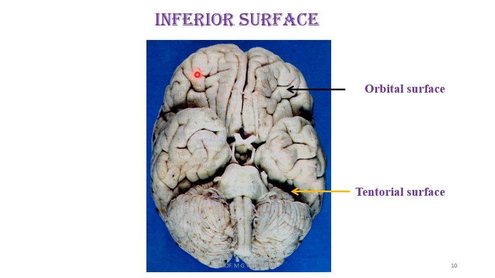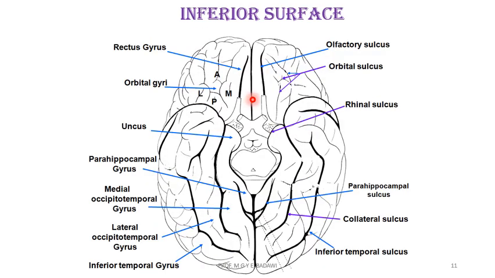Clear here this H-shaped orbital sulcus and that olfactory sulcus which lodges the olfactory tract here. That's a diagram showing the sulci and gyri on the inferior surface.